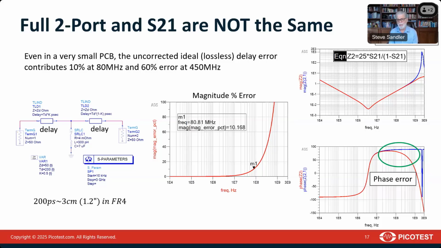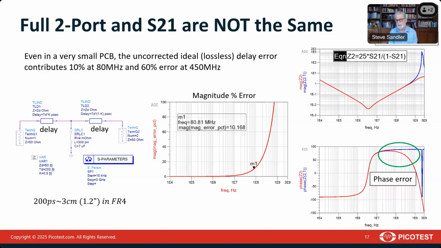Even in a very tiny printed circuit board that has an ideal path with no losses, you can see that we end up with very significant errors, particularly at the higher frequencies. And that's because, number one, we have this delay that needs to be accounted for. And number two, the traditional VNAs and receiver-based Z-domain VNAs measure differently. S21 is often the path that's used to calculate the two-port shunt-through impedance.